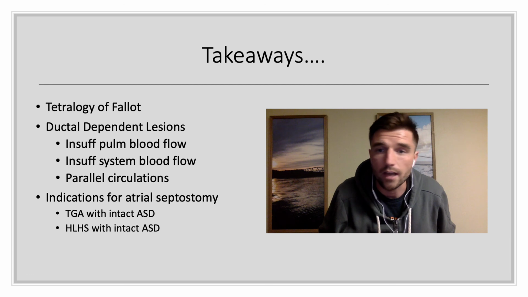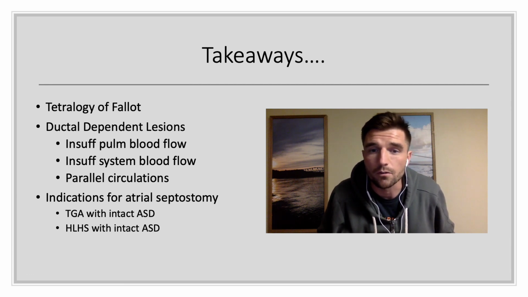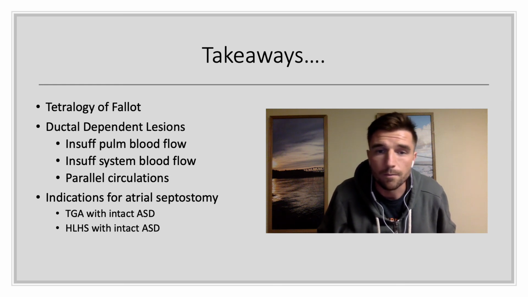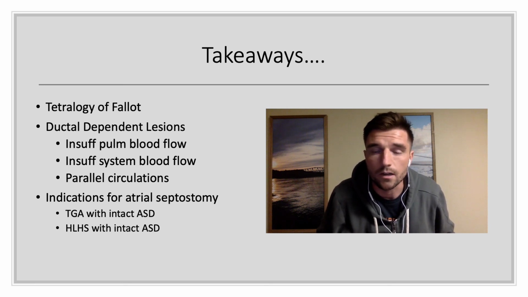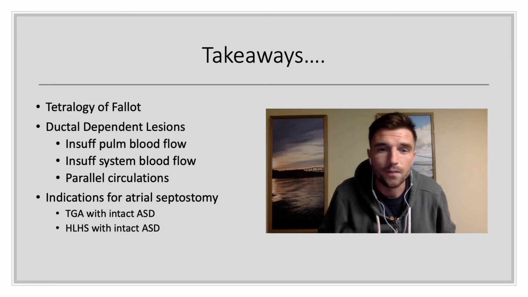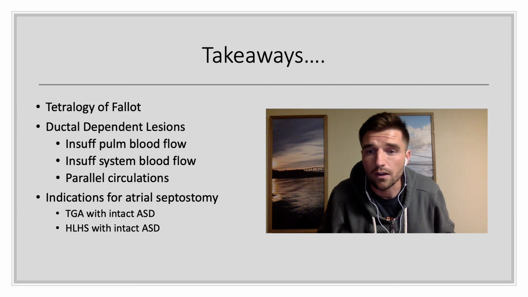We talked about the three categories of ductal dependent lesions: insufficient pulmonary blood flow, insufficient systemic blood flow, and parallel circulations. And then we ended finally by talking about indications for atrial septostomy, particularly speaking to transposition of the great arteries and hypoplastic left heart. I hope you enjoyed this talk. Hope you found it informative.